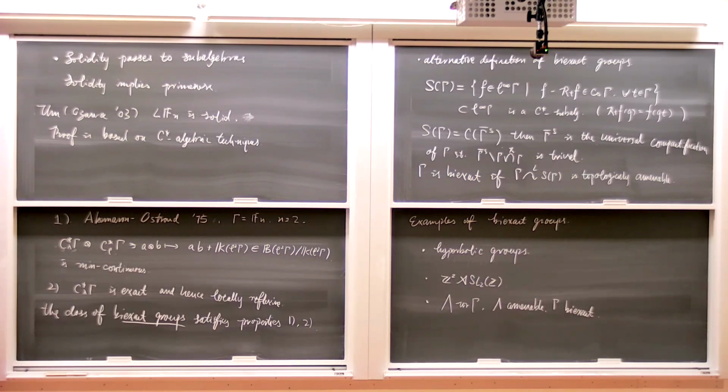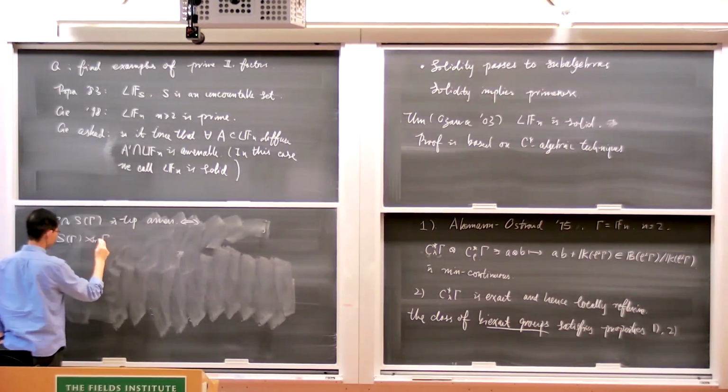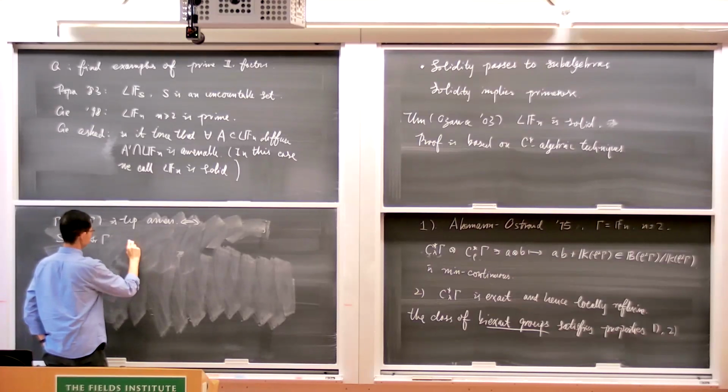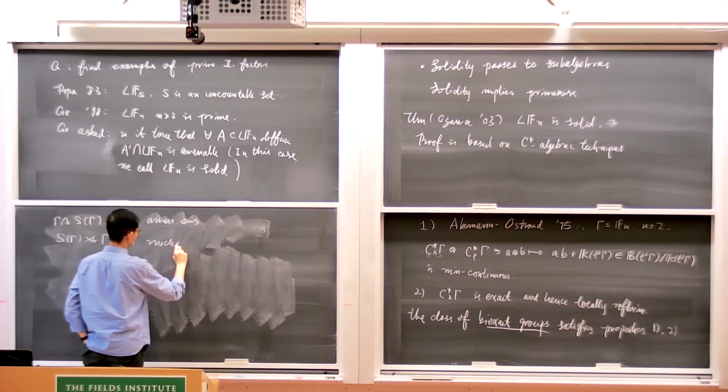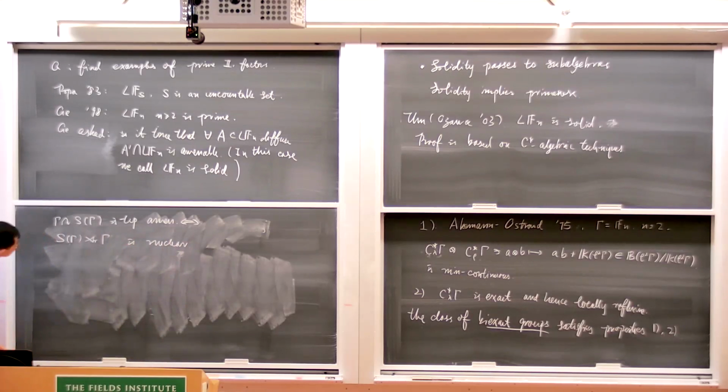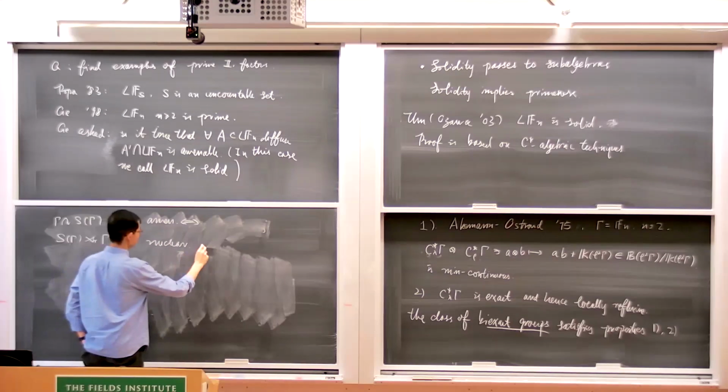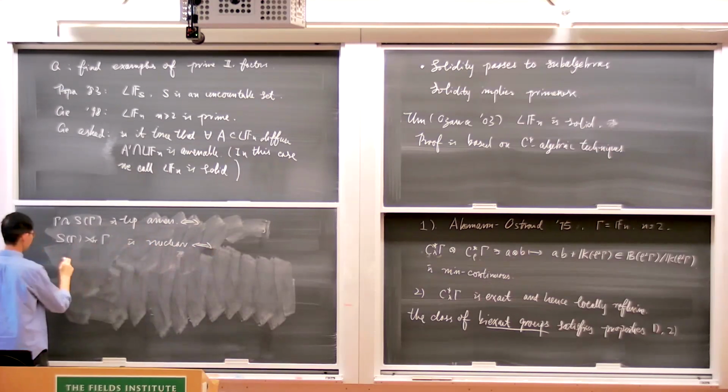This just means that because we have the action, we can form the reduced cross product, and this is nuclear as a C-star algebra. This is also equivalent to the following.